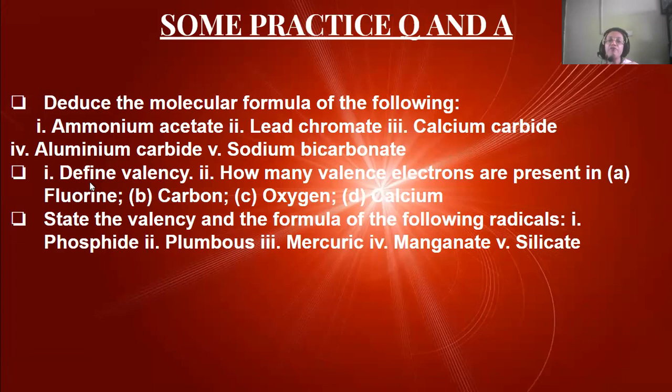Next is define valency. How many valence electrons are present in fluorine, carbon, oxygen, and calcium? Now state the valency and the formula of the following radicals: phosphide, plumbous, mercuric, manganate, and silicate.